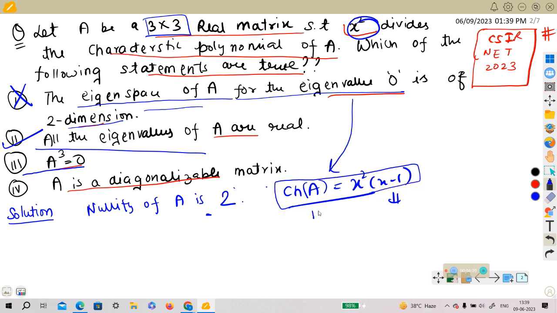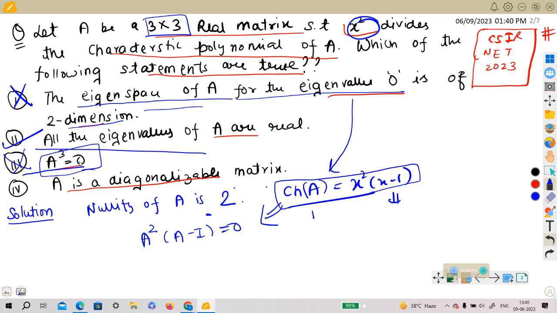We can construct a matrix too, but you can easily see its characteristic polynomial is x square into x minus 1. Also, we know from the famous Cayley-Hamilton theorem that every matrix satisfies its characteristic polynomial. So in this case, the matrix will satisfy A square into A minus I is equal to 0, and not A cube equal to 0. So this is also false.